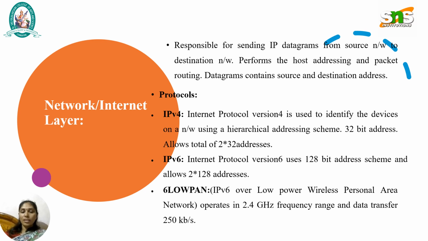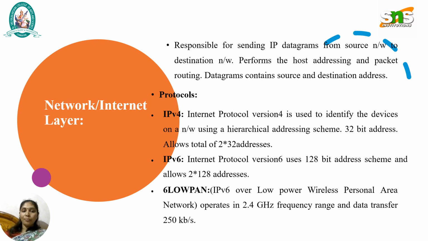The next one is 6LoWPAN. IPv6 over Low power Wireless Personal Area Networks operates in the 2.4 GHz frequency range, and the data transfer rate is 250 kb per second.